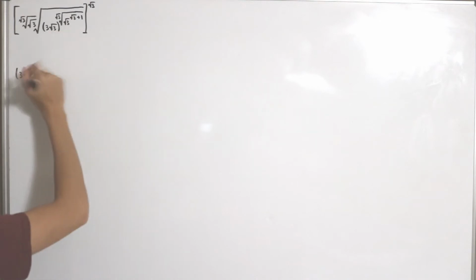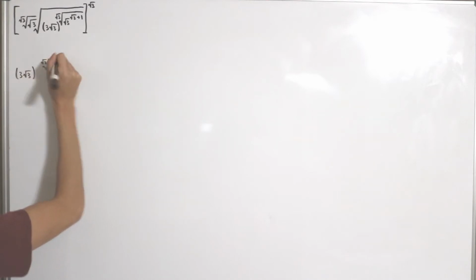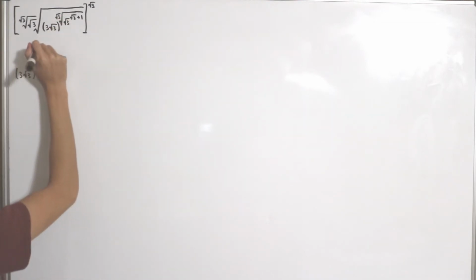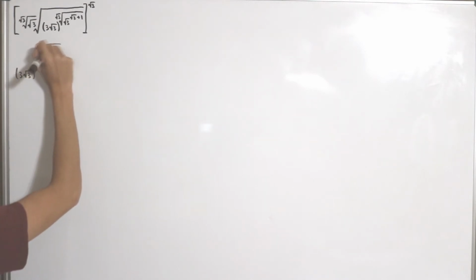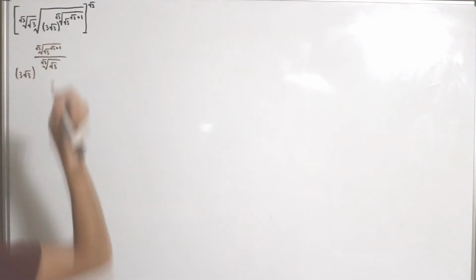So I'm going to write the denominator first. The denominator is the square root of 3 root of the square root of 3, and then the numerator is going to be this: square root of 3, and then the root, so square root of 3 to the power of square root of 3 plus 1.